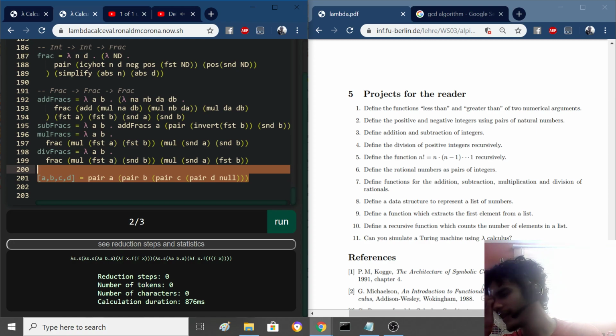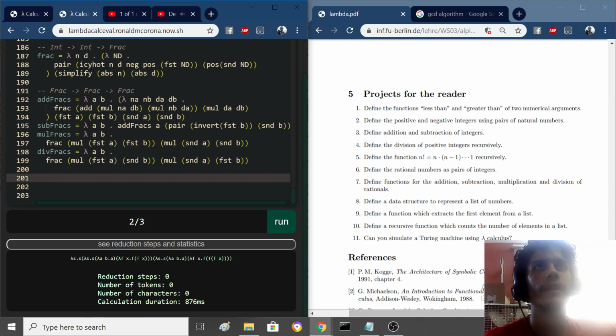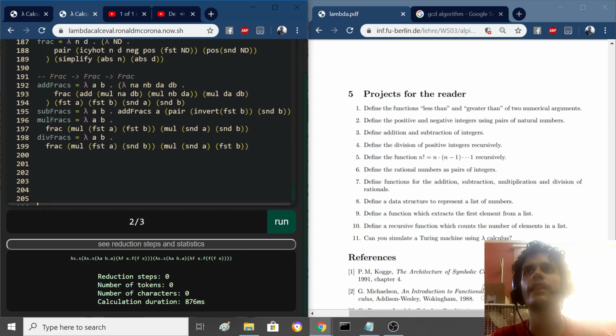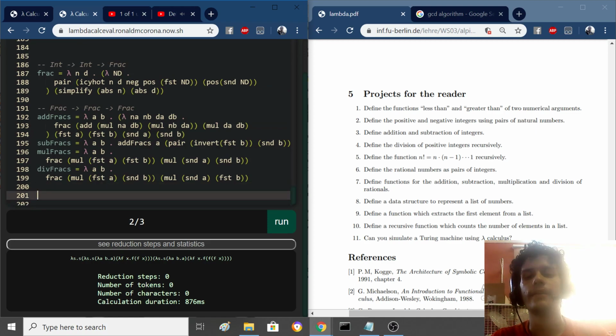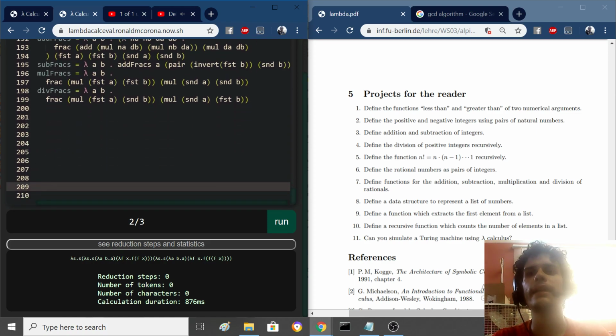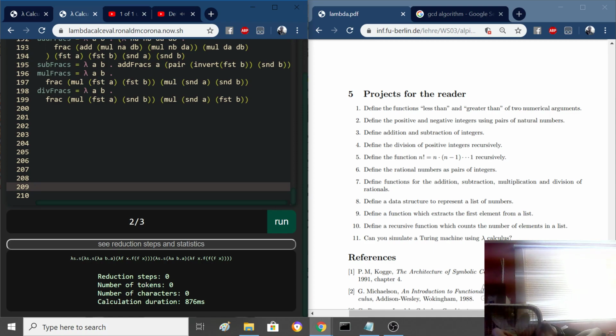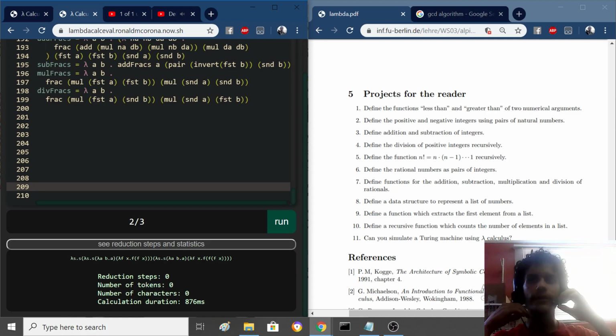Okay, so the whole issue here with thinking about how to do lists is that we need a way to define null, the end of the list. And then using this definition of null, we need a way to tell us if the list is null or not.